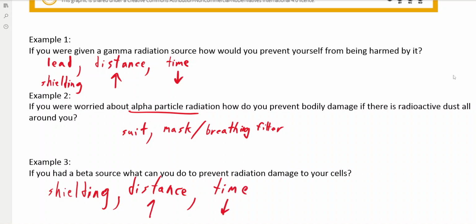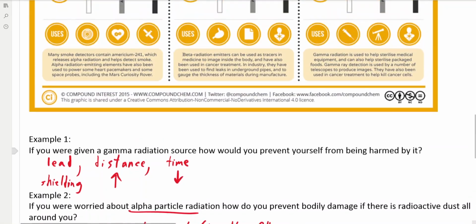It's the same as before. But the shielding doesn't need to be super strong. Okay, but some sort of shielding would be good. So those are all the things you can do.